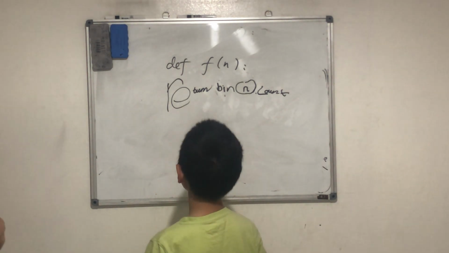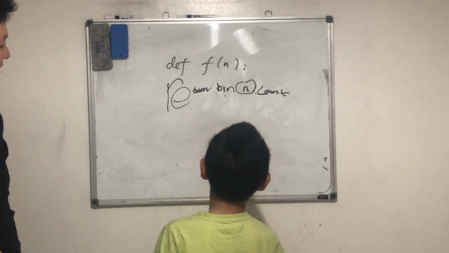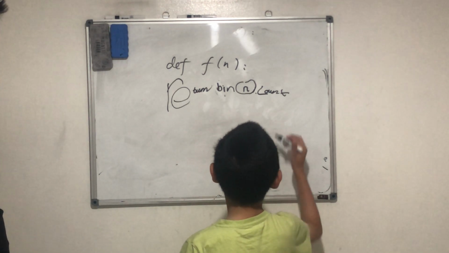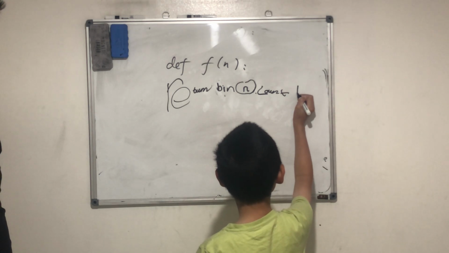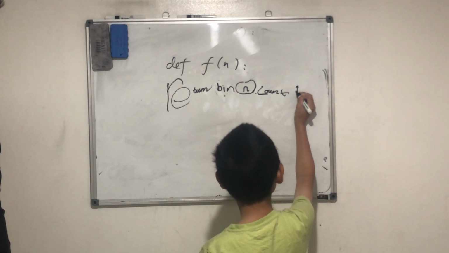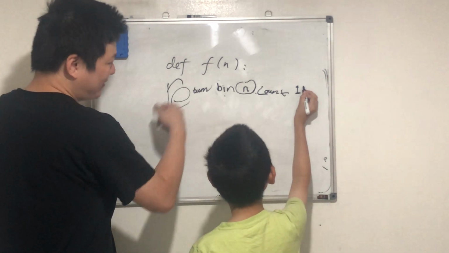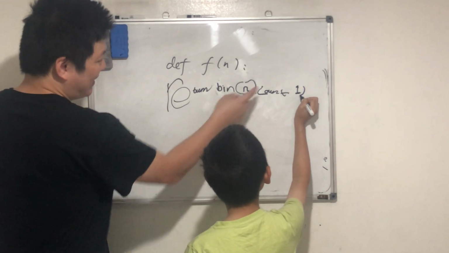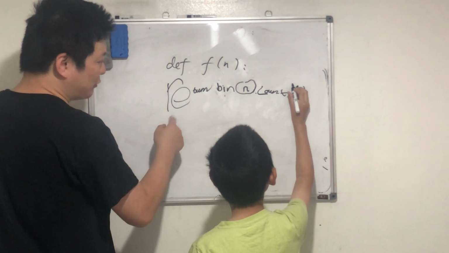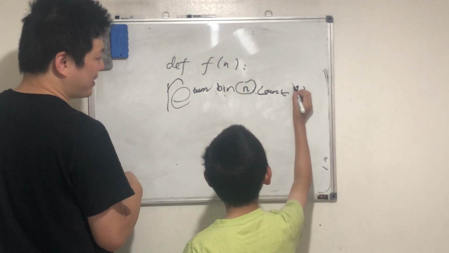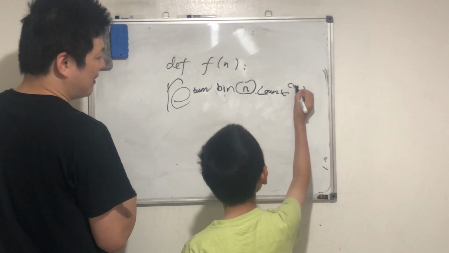Ones, yeah. Count one. You need a bracket. And the one needs to be quoted because it's a string, right? Okay.